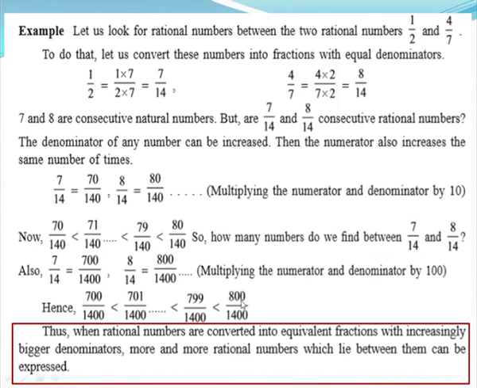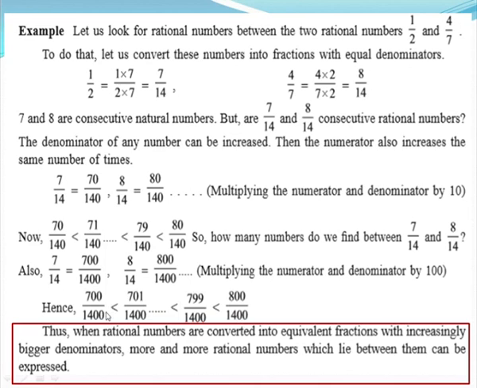These two are equivalent fractions of 1 upon 2 and 4 upon 7. See children, how many numbers come between 700 and 800? They are 701 up to 799. It means here you are getting 99 numbers between these two rational numbers.